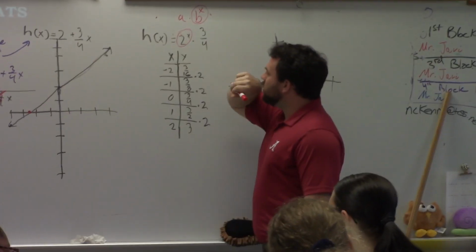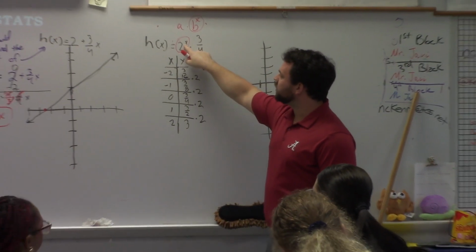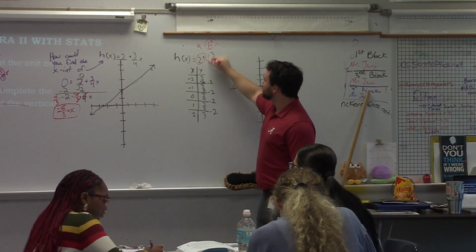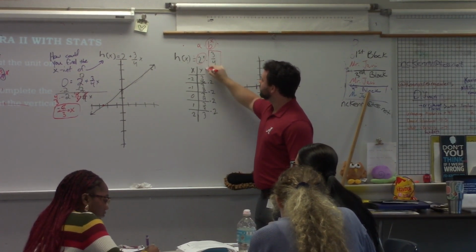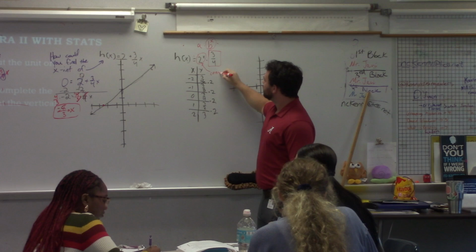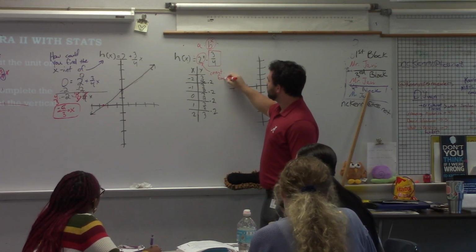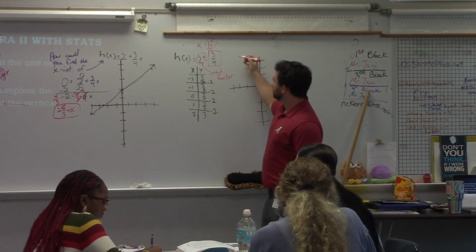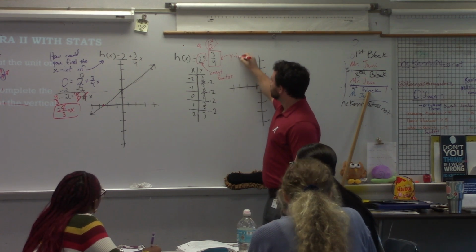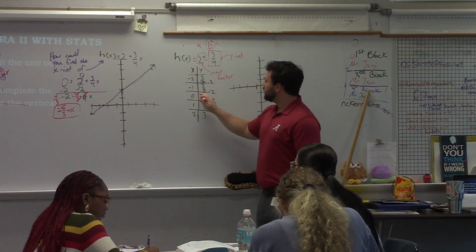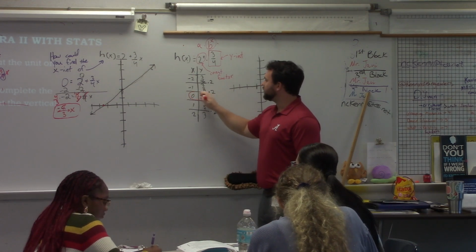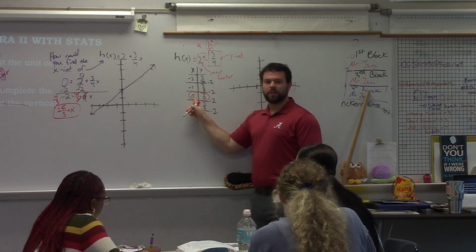Understanding that that exponent is repeated multiplication, I'm multiplying by 2, which makes this 3/4 my y-intercept. Notice, and I think a lot of students didn't quite do it at first, but if we substitute 0 in, what do I get out?